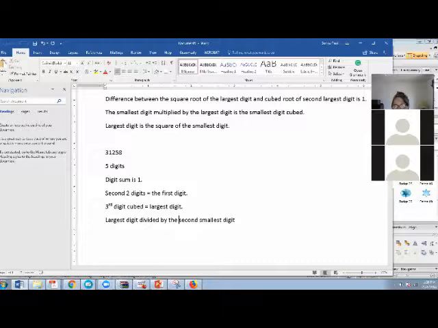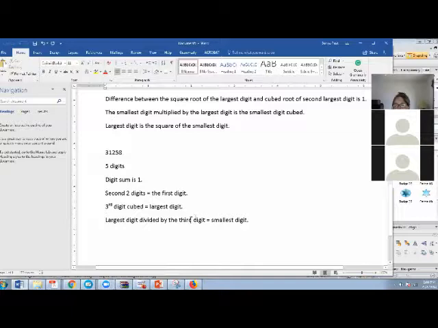The largest digit divided by the third digit, minus the smallest digit, equals the first digit.